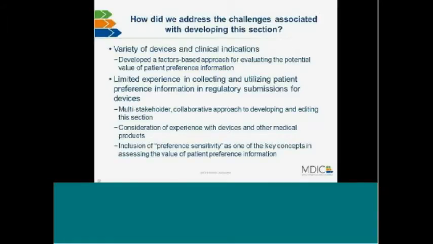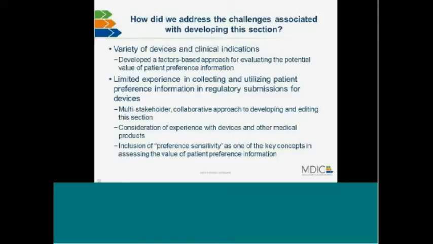We had people from FDA who faced these issues on a daily basis with benefit-risk determination. We had people from the drug industry like Bennett who had worked in this space before. And we had medical people who were experienced with shared decision-making, which led to the concept of preference sensitivity. So that was very helpful in developing this approach and editing it as we went.